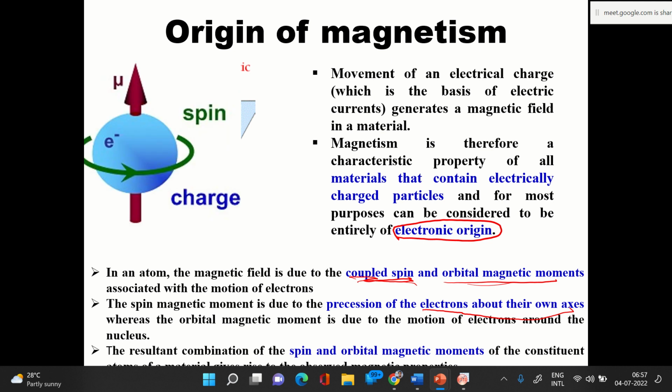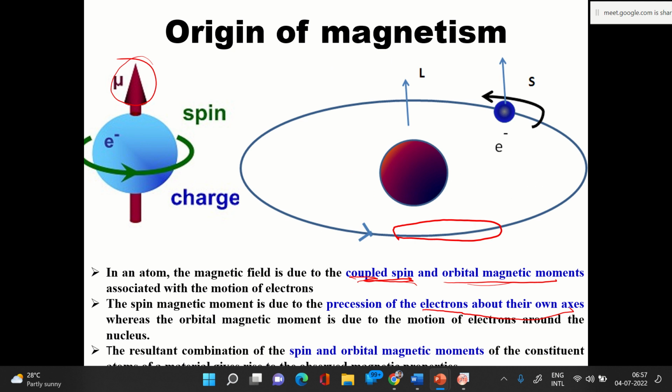So you have the magnetic moment due to the spin, and the magnetic moment due to the orbital motion. This is the nucleus, and this is the electron that is moving around.